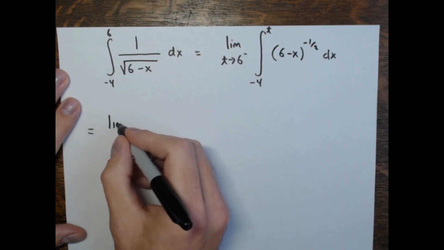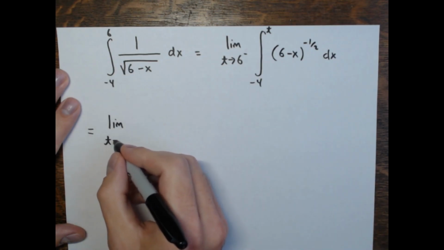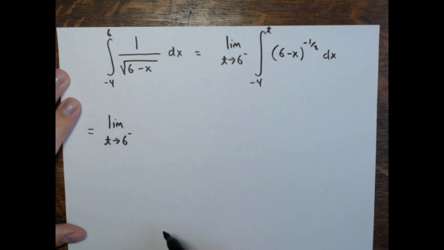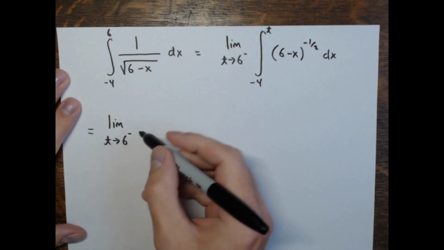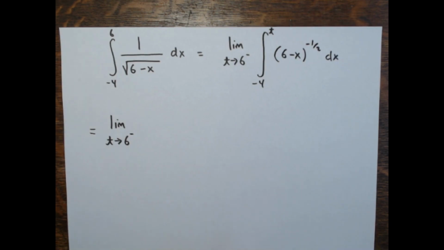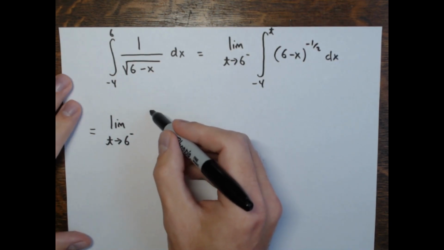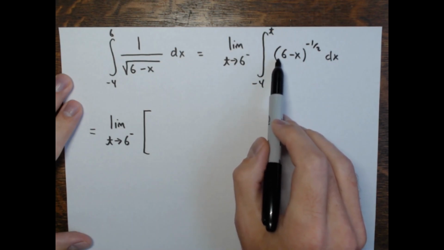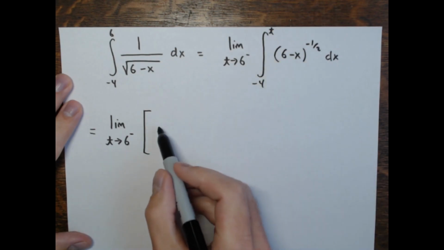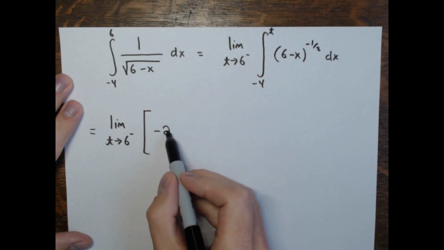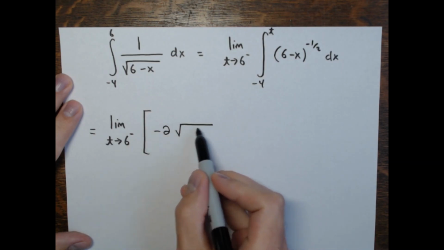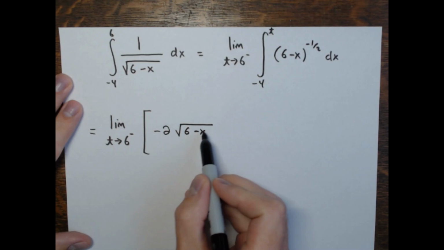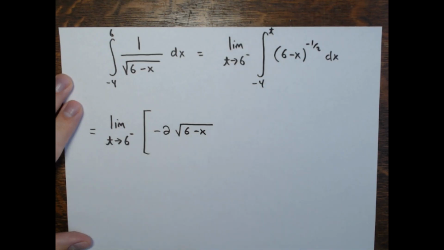So we've got the limit as t approaches 6 from the left, where that value is a little less than 6, of -2 times 6 minus x to the half. That's -2 times the square root of 6 minus x, 6 minus x to the positive half.